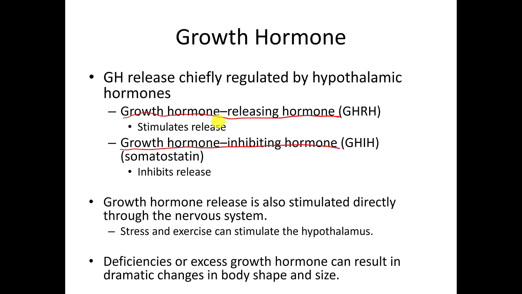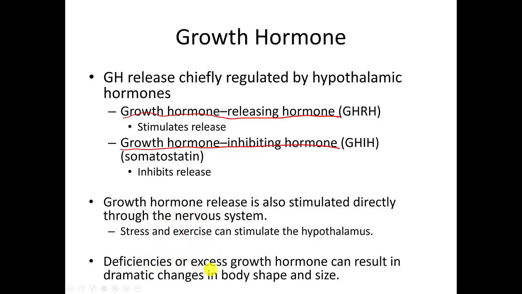The releasing hormone will stimulate the release of growth hormone. The inhibiting hormone will stop the release of it. Also, growth hormone release can be stimulated through the nervous system. And so this is why on that previous slide, you could see things like exercise stimulating growth hormone.